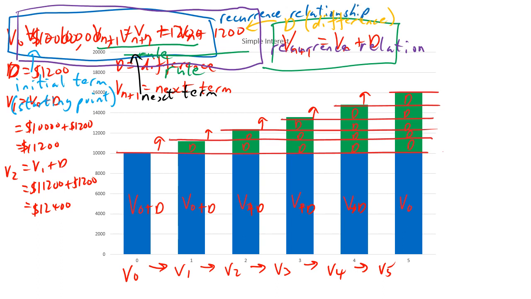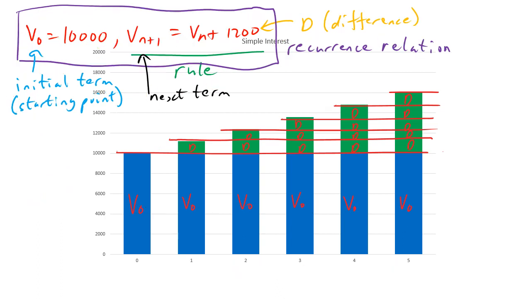And that's what you've got to do each time with a recurrence relationship for simple interest. We're just adding each time a constant amount, so that's a constant amount d. Okay, to summarize everything we got from before, we know the initial term, called the starting point, is V0, and in this case, V0 was 10,000. And we put a comma, don't forget to put the comma, very important.